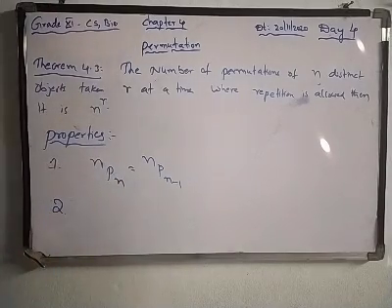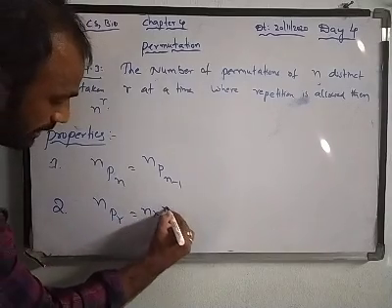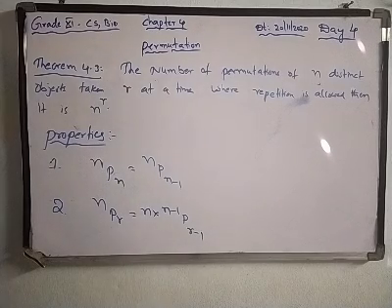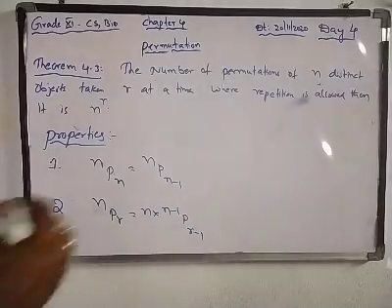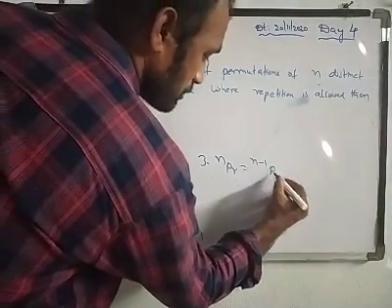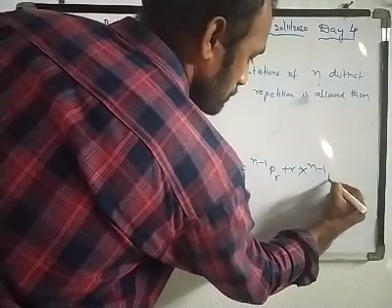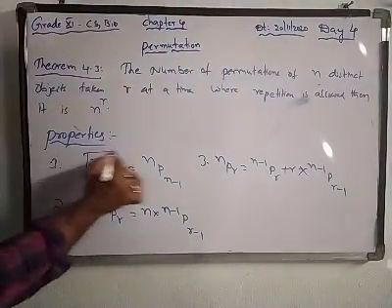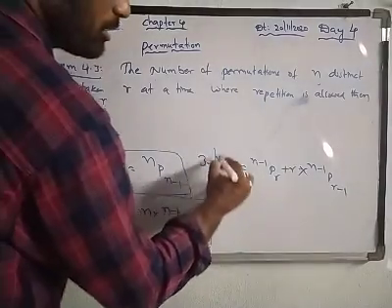Next, the second one is nPr is n into (n minus 1)P(r minus 1). And the third result is nPr is equal to (n minus 1)Pr plus r into (n minus 1)P(r minus 1). These are very important properties, which will be useful for solving our questions.